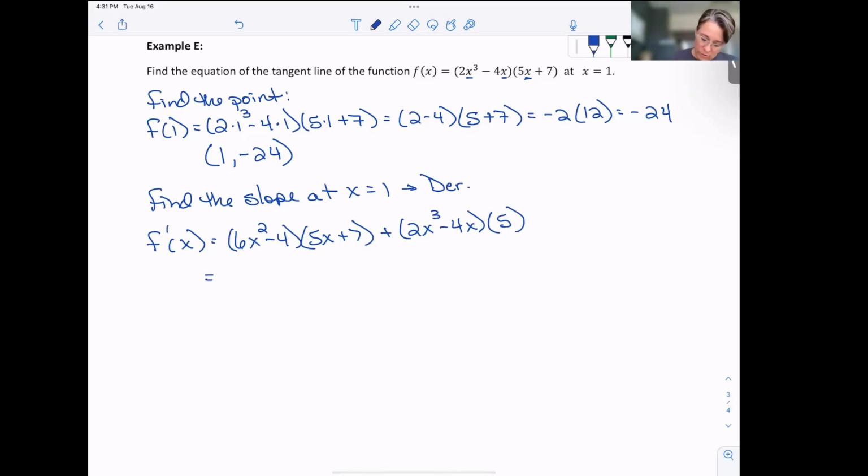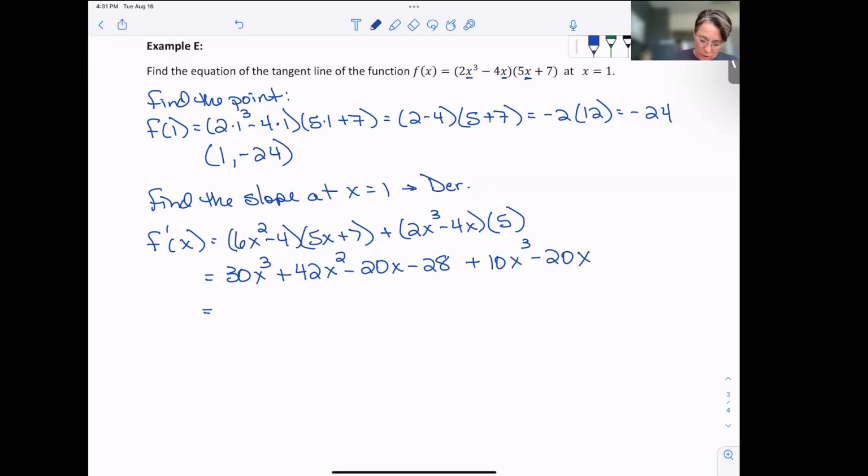We distribute, so we'll get 30x cubed plus 42x squared minus 20x minus 28, question mark. All of a sudden I've forgotten all my multiplication rules. So we just FOILed or distributed the two binomials, plus now we're going to distribute the 5, and we'll get 10x cubed minus 20x.